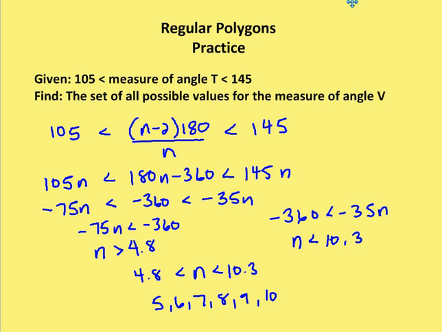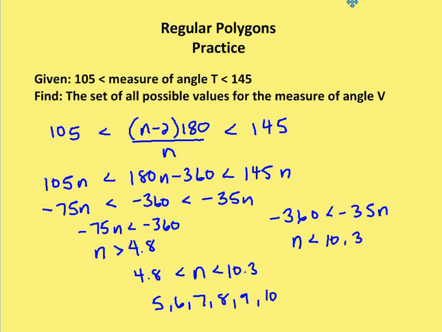The first thing we need to do is figure out, given the restrictions on the measure of angle T, how many different polygons we can create, given that T has to be between 105 degrees and 145 degrees. We know that the measure of angle T as an interior angle of a regular polygon needs to be between 105 and 145 degrees.